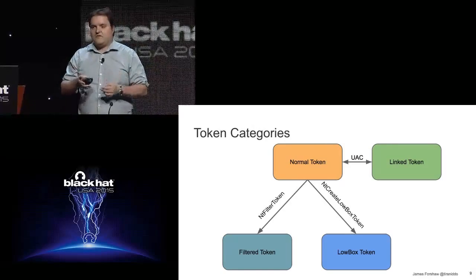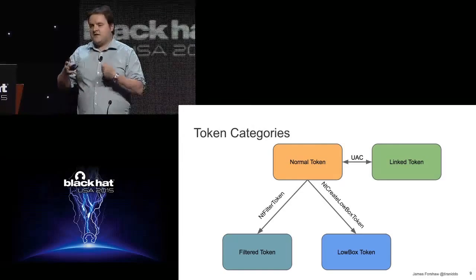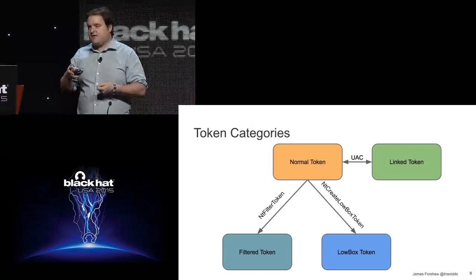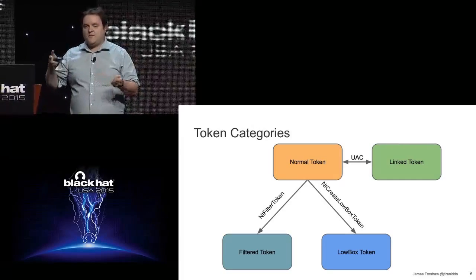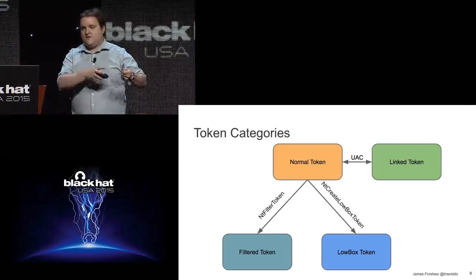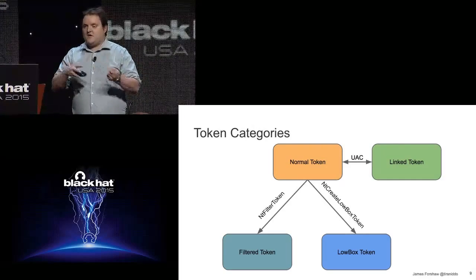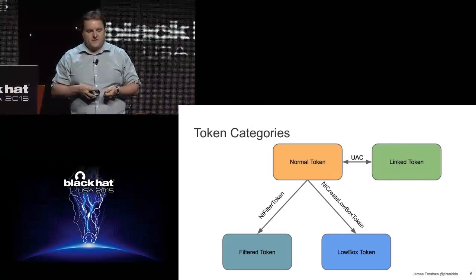Now, when you get UAC involved, user account control, you may also have something called a linked token. This is just another token which is associated with the same token. So for example, you could have an administrator token linked to your normal user token, and potentially you can switch between them by talking to the appropriate service.